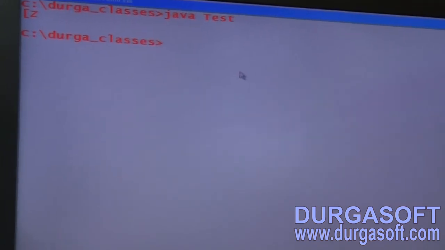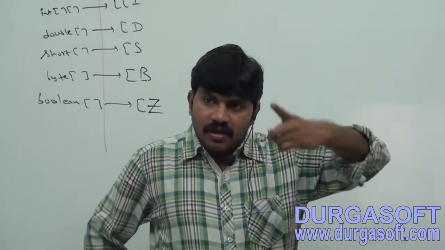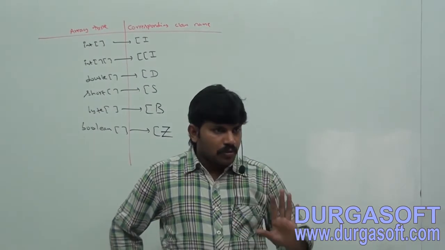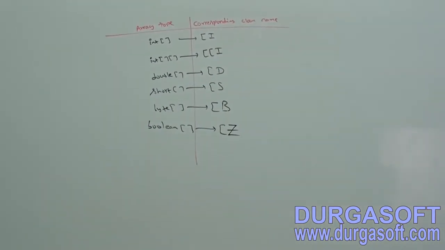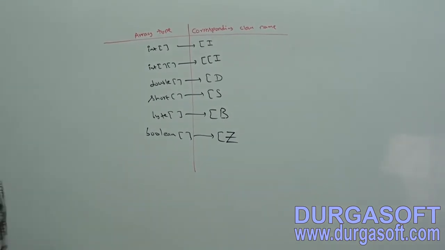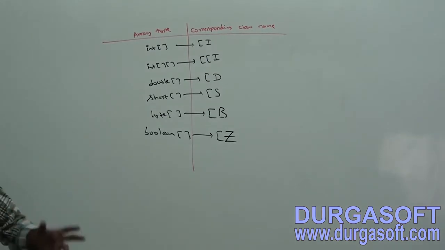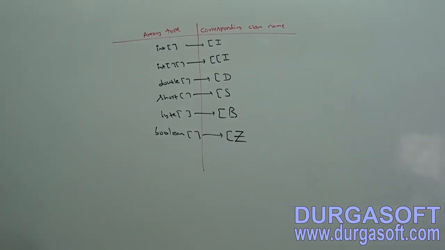So for every array type, corresponding classes are available. These classes are part of the Java language and are not available to the programmer level. What is the use of a boolean array? A group of boolean values, true or false, sometimes are required to be stored.